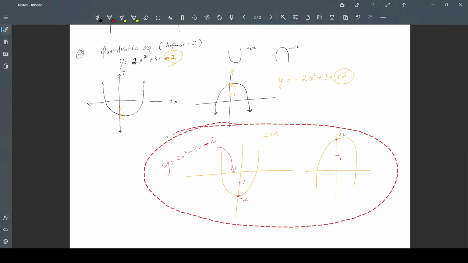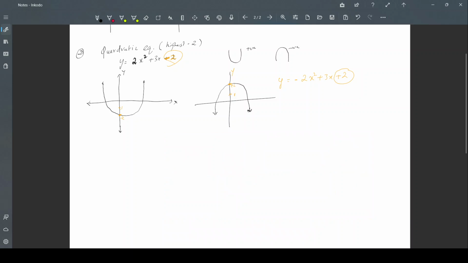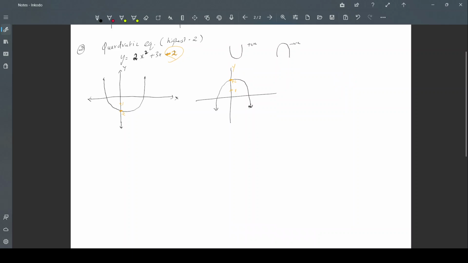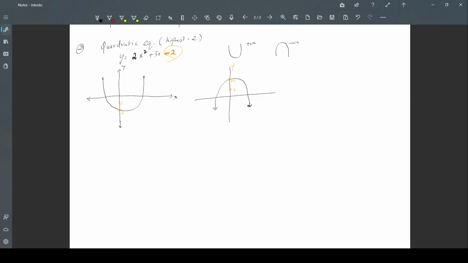And let me give you a quick review of the cubic graph also. So let's say a cubic equation graph. The highest power should be 3, right?